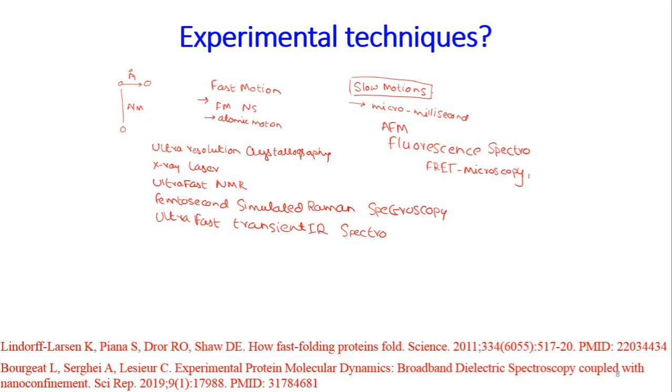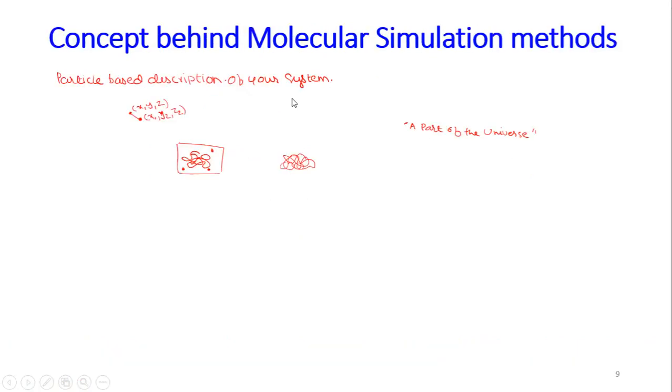Then we discussed the two types of motion that might happen in your protein. We classified the motion into fast motion and slow motion, and I introduced the different techniques used to monitor them.